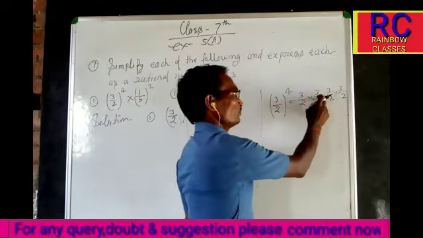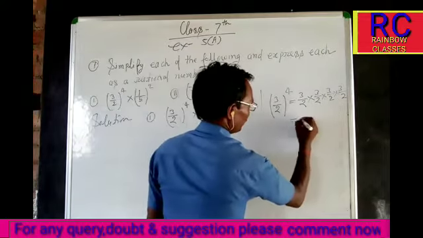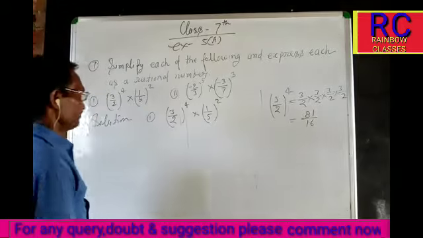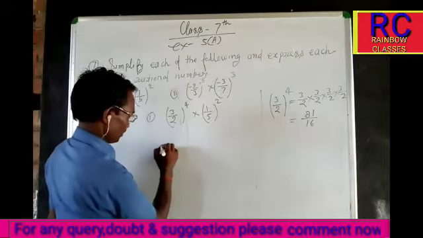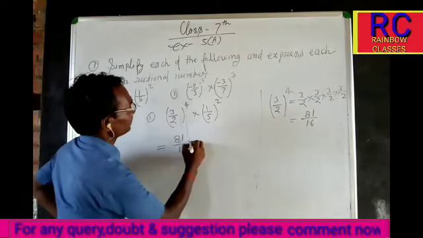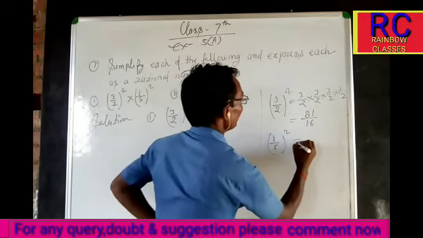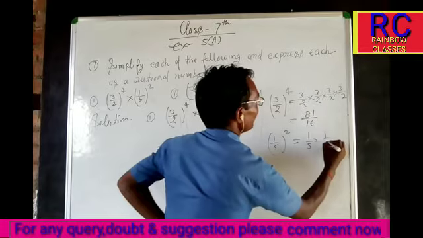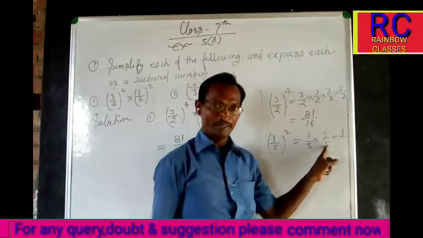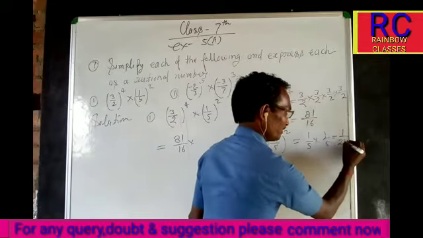3 threes are 9, 9 threes are 27, 27 threes are 81, and 2 twos are 4, 4 twos are 8, 8 twos are 16. So it is 81 by 16 into 1 by 5 squared. 1 by 5 into 1 by 5: 1 into 1 is 1, and 5 into 5 is 25.